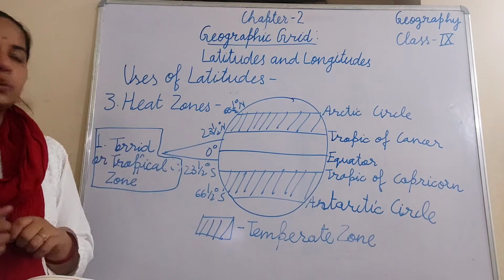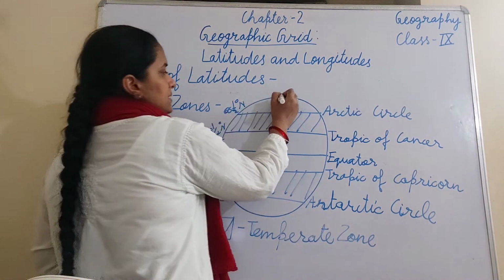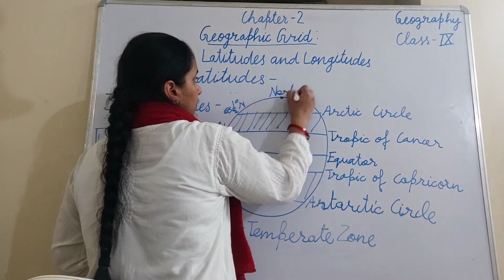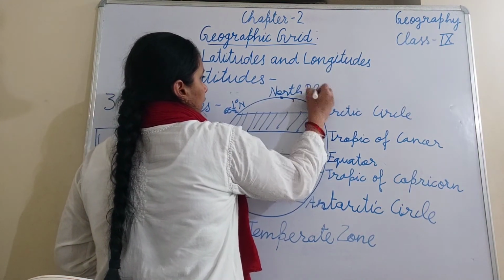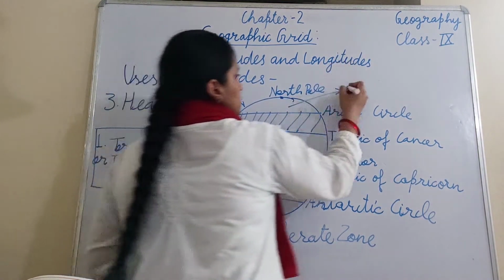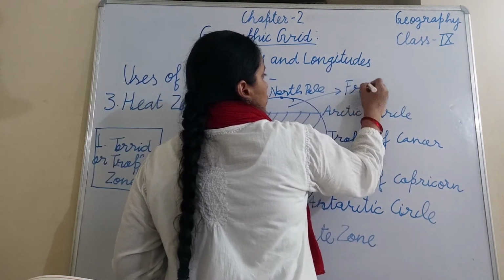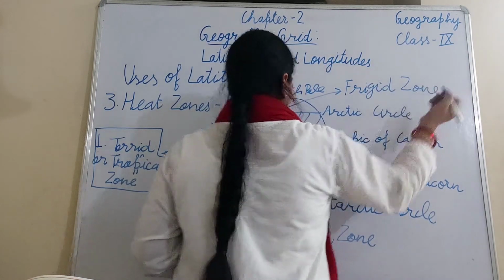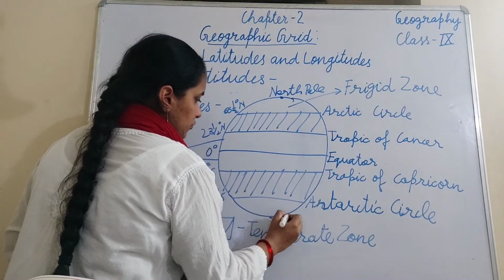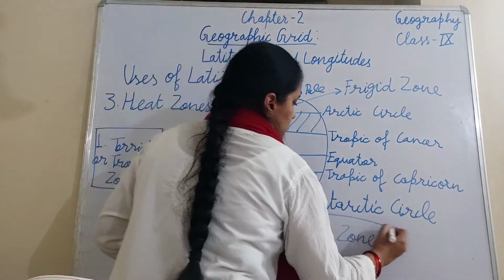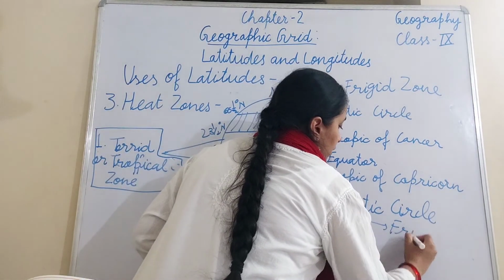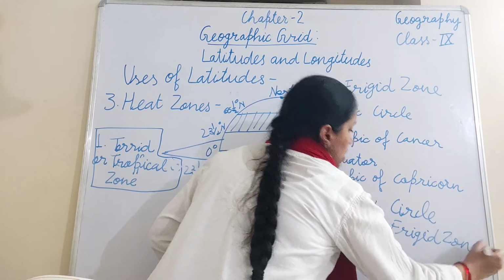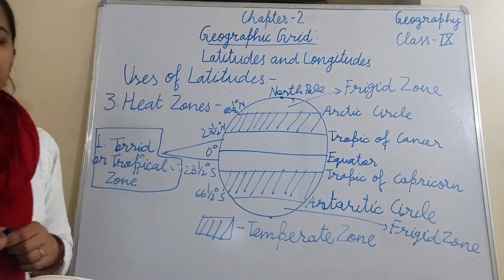And the last one lies between the Arctic Circle and the North Pole. This region is known as the frigid zone. Here the South Pole region is also known as the frigid zone. Why?